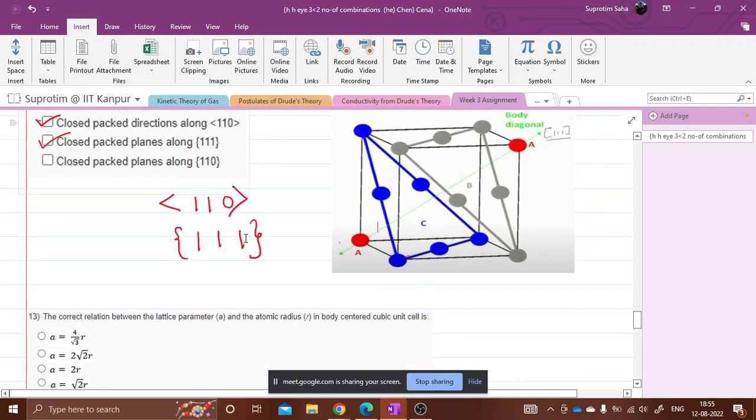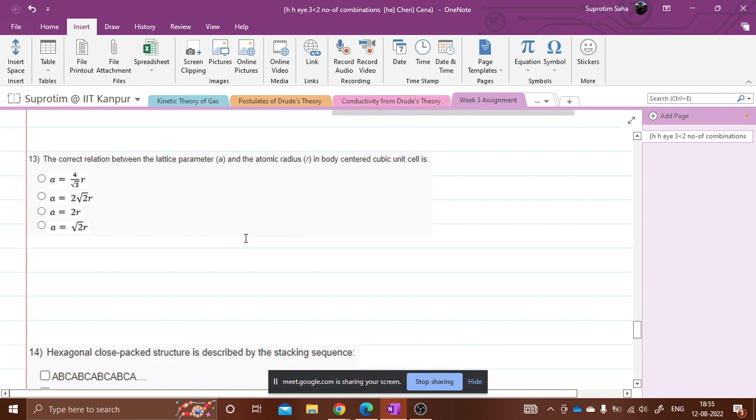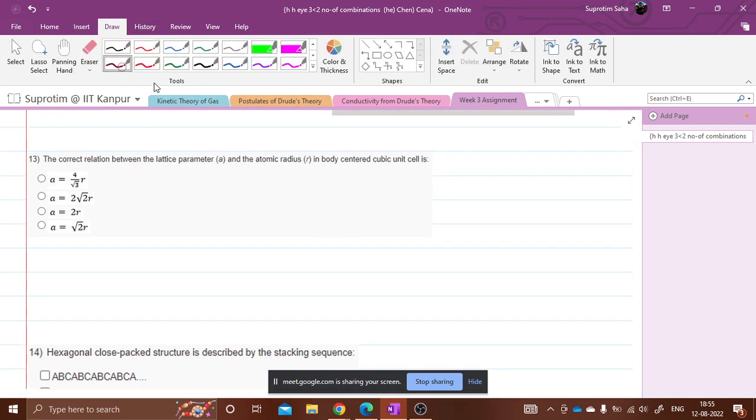Okay, fine. Now, the correct relation between the lattice parameter a and the atomic radius R in a body-centered cubic unit cell. Let me draw a body-centered cubic unit cell.